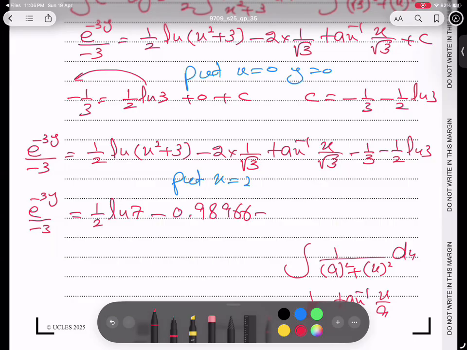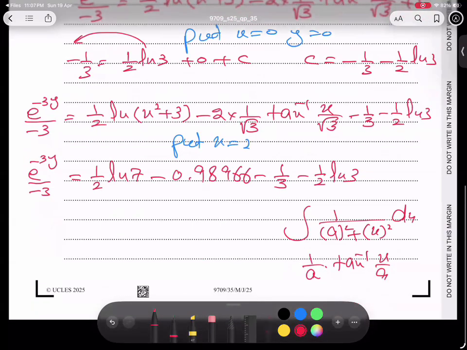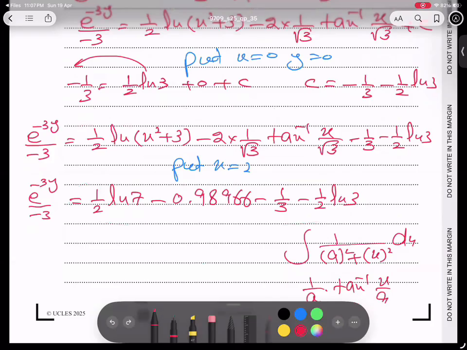0.98966 and negative 1 over 3, negative 1 over 2 ln 3. Best idea, type the whole thing in the calculator, because we have no choice, since we don't need a special form. So I'm typing half times 2 ln 7 and negative 0.98966, negative 1 over 3 and negative 1 over 2 into log of 3.